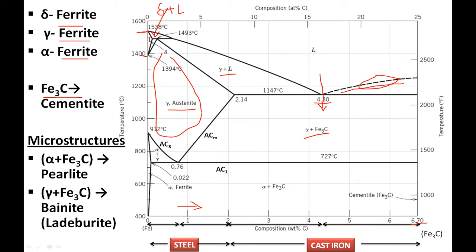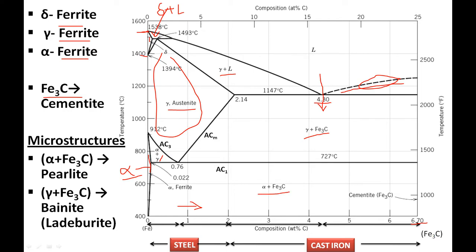This narrow region is alpha-Ferrite, which is most important, because the iron alloys we are using these days generally have about 0.2% carbon. This is alpha plus gamma, and here is alpha plus Fe3C.